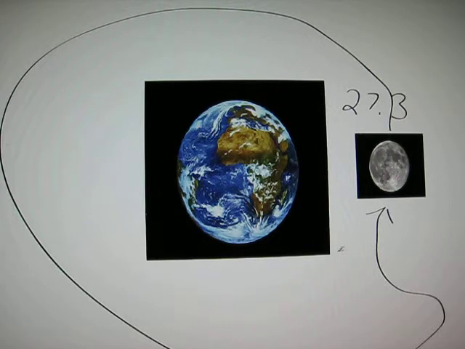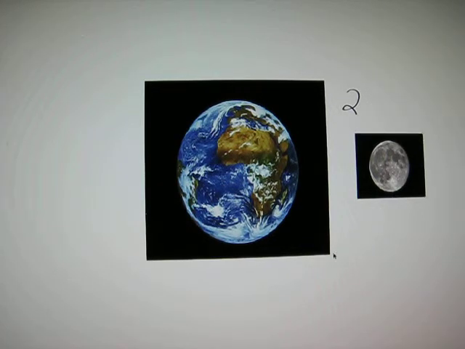Okay? Now, the reason why we only see one side of the moon, and that's the side that we say is a man on the moon, or maybe a Swiss cheese, or whatever face or structure that we see. Okay? The reason why we only see this one side of the moon is because as it's rotating around the Earth, it's rotating on its axis because, believe it or not, it has an axis as well. Just like the Earth, it has an axis.